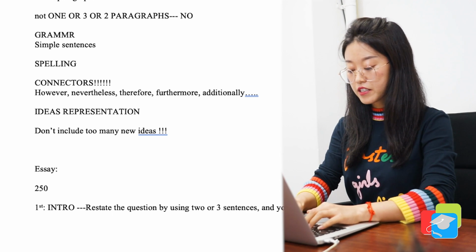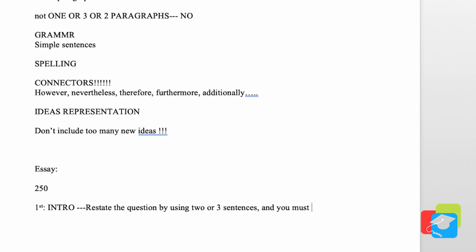And you must have your agreement in the introduction as the last sentence. It doesn't matter, it has to be the last sentence, you must have it here.